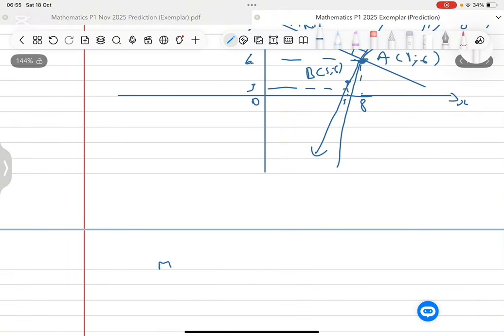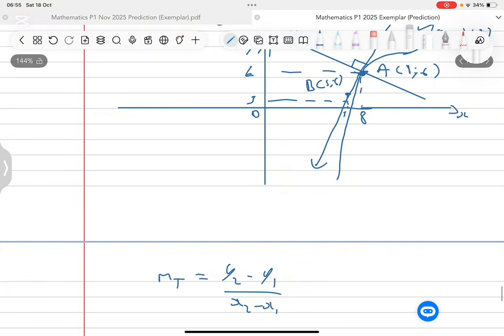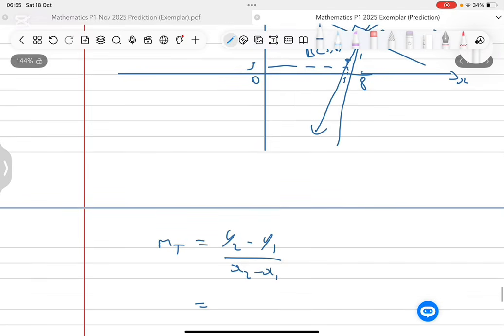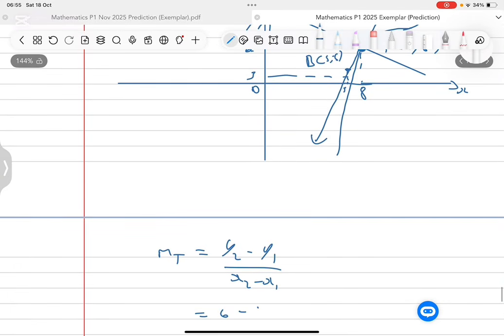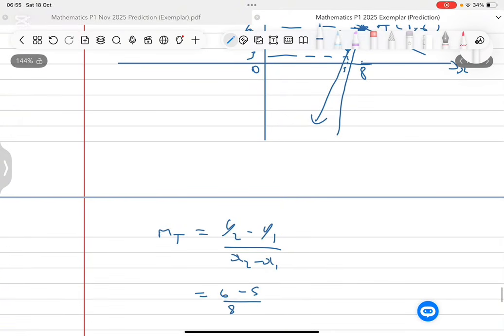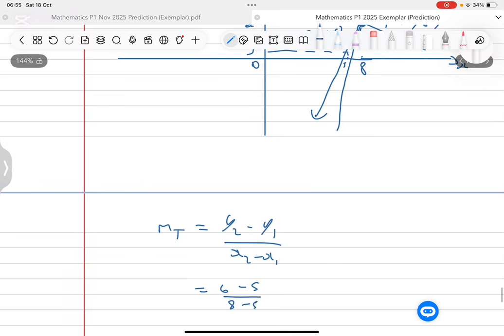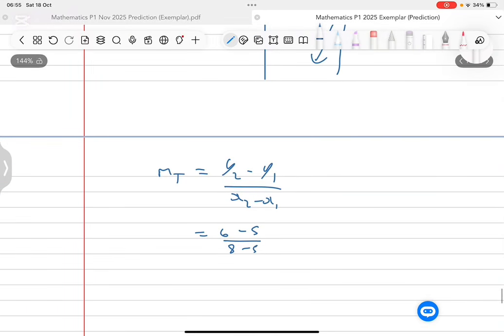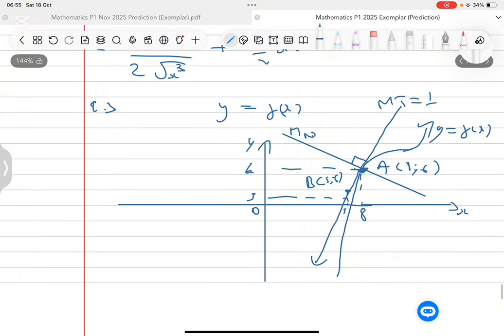So I'm going to firstly construct the gradient of the tangent to be given by y2 minus y1 all over x2 minus x1, where I'm using point A and point B. Now this would mean I'll say 6, which is my y value on A, minus 5, which is my y value on B, divided by the 8, which is the x value on A, minus the 5, which is the x value on point B. And when we simplify this, we have a 1 at the top divided by the 3. So this is therefore the gradient of the tangent. This tangent here has a gradient of 1 over 3.